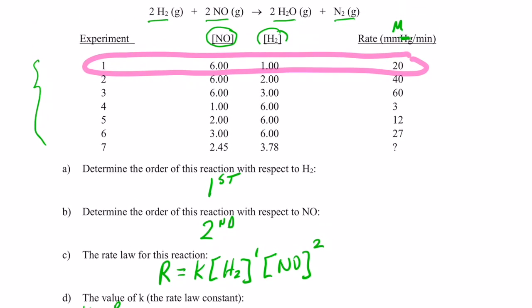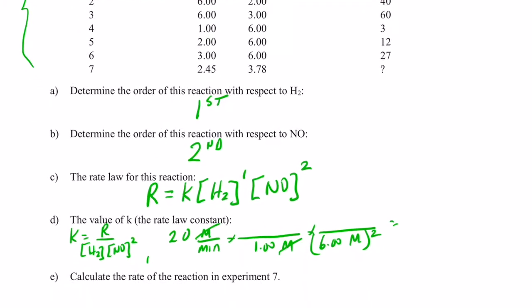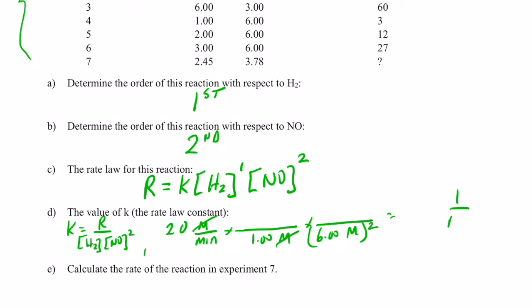So K equals the rate during that experiment, which is 20 molarity units per minute, divided by H2 concentration, which is 1.00 molarity units, divided by NO concentration, which is 6.00 molarity units, and we're squaring that because remember it's second order. Looks like those molarity units cancel out, and we have 1 over minute molarity units squared as my unit.